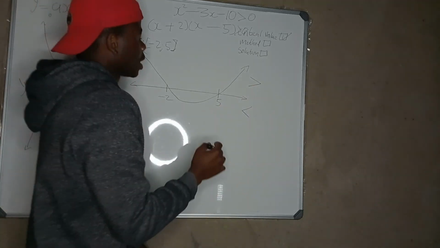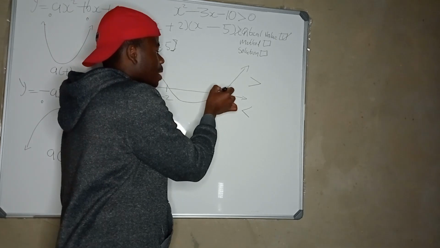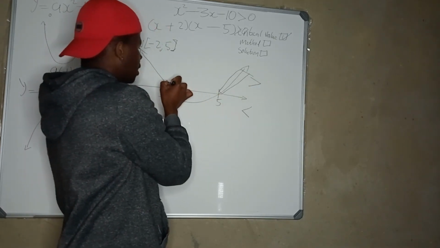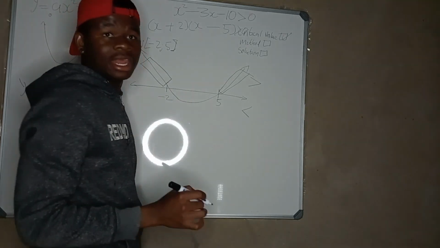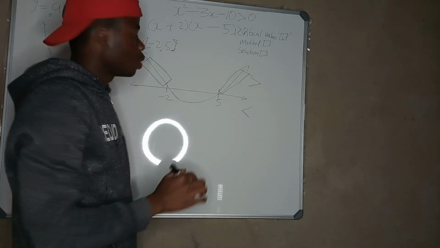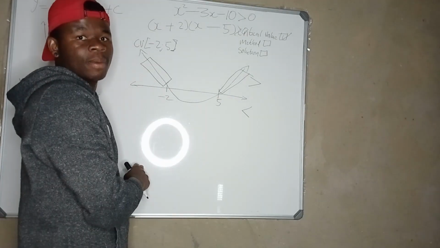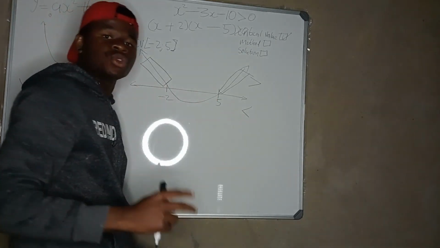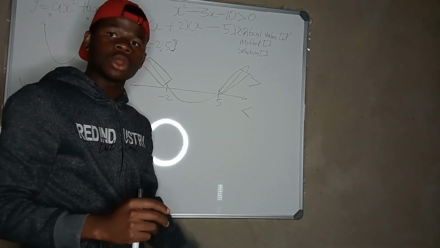For that, you look at your parabola here and there. You see there is a gap between these two rectangles. It means that there's going to be an or.